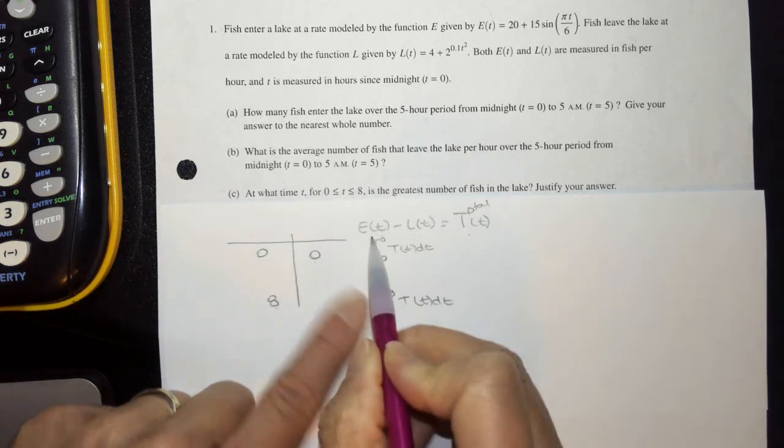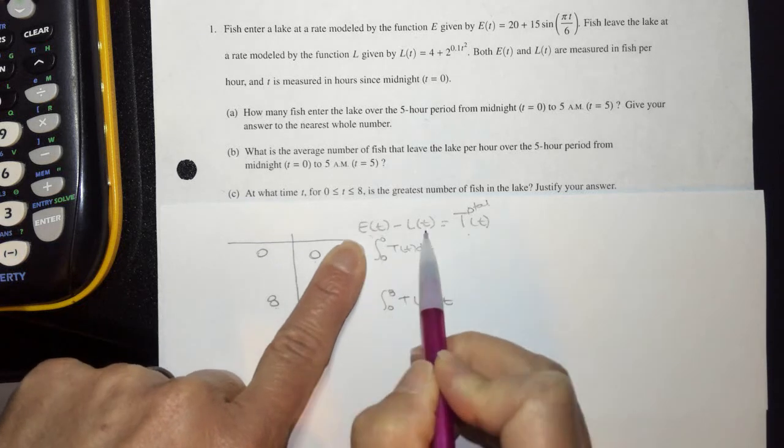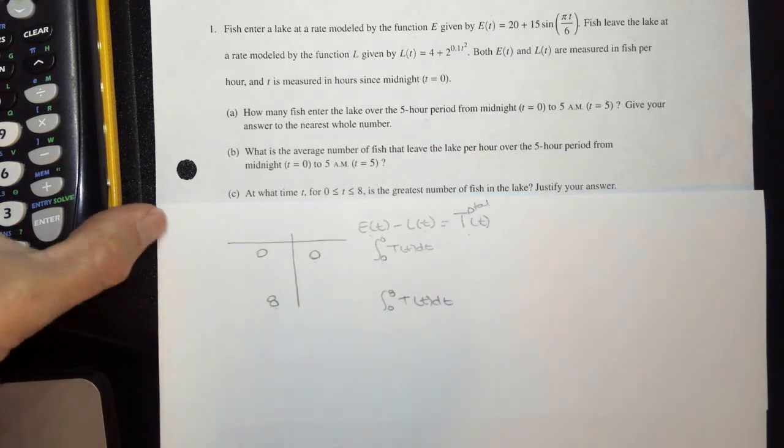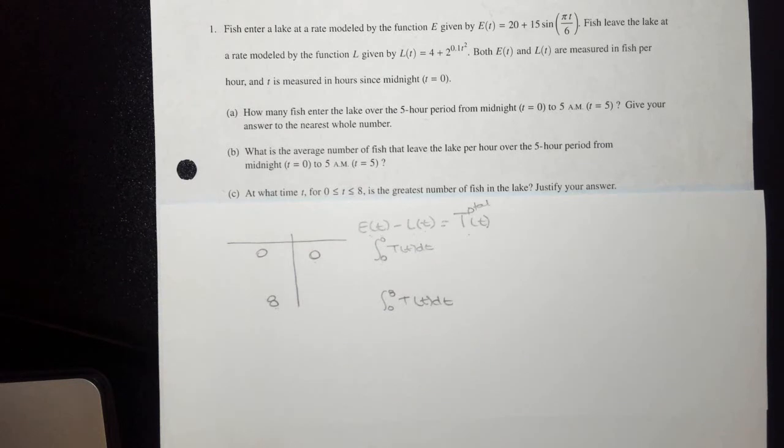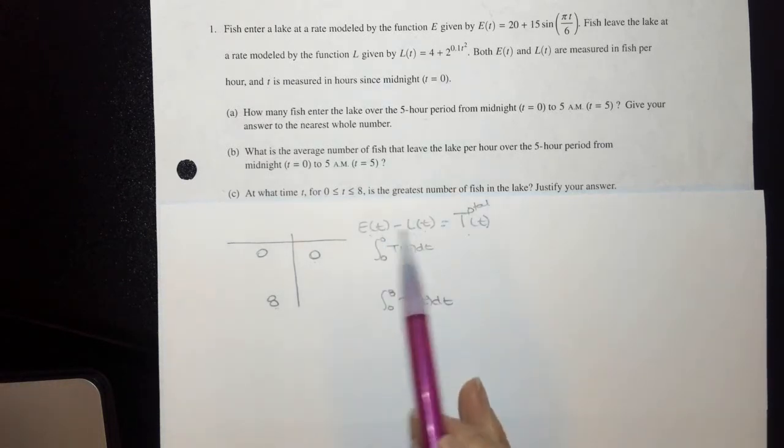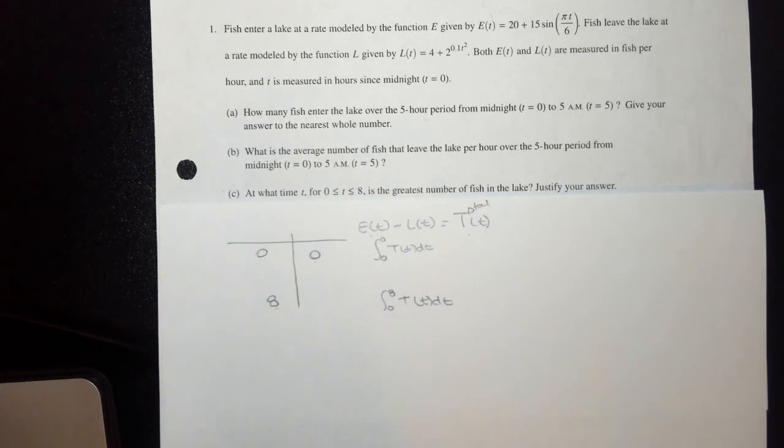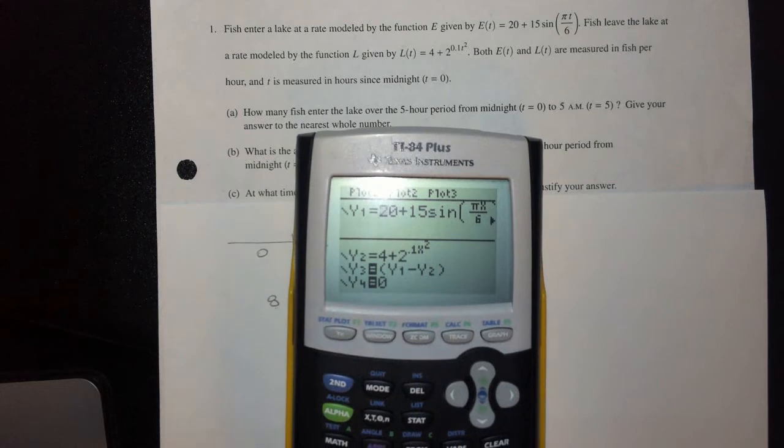And what t of t is, this is in y sub 1 and this is in y sub 2. So I need to go into my calculator, go into y equals, and I unhighlight this and unhighlight this, and I'm going to take this minus this in my calculator, which is what I did here. So this is the number of fish that are entering minus the number of fish that are leaving.